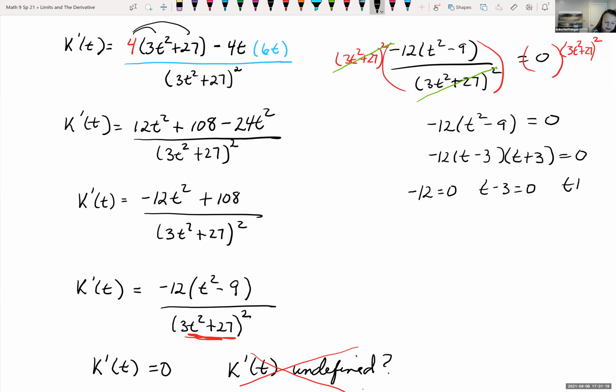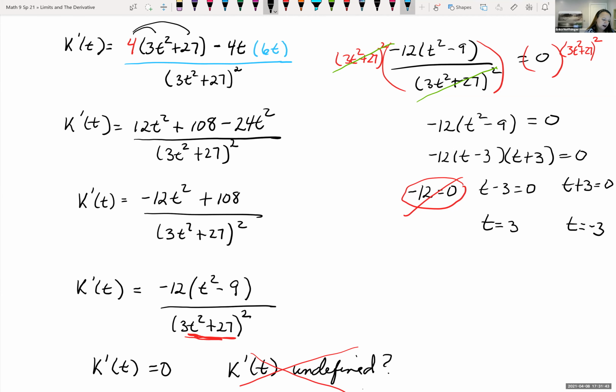And when is t plus 3 equal to 0? Well, a number can never equal 0 other than 0. t minus 3 is equal to 0 when t is 3. And t plus 3 equals 0 when t equals negative 3.